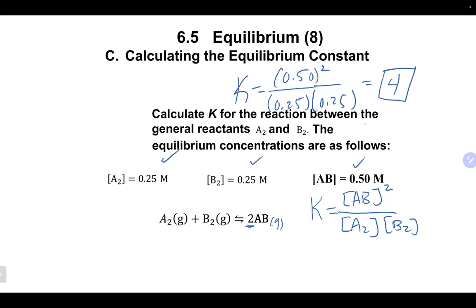First off, any questions on the calculation? Would we expect mainly reactants or products in this case? We would expect products. This is considered a large value of K, which means the equilibrium should lie to the right, which means we would expect more products to be formed when it reaches equilibrium.